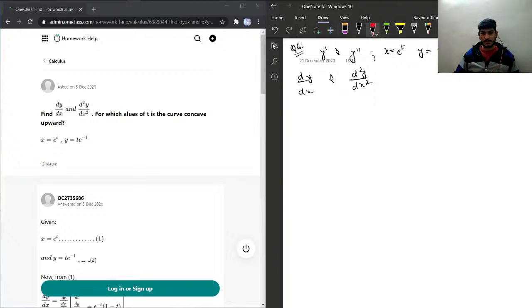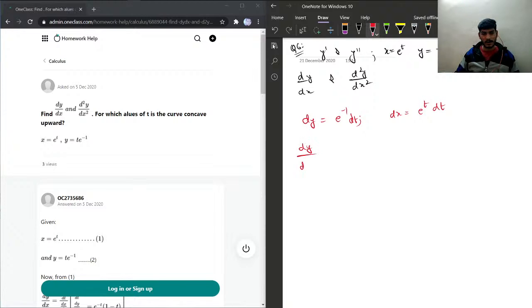So first I'll find dy. It will be, dy will be 1 e power minus 1, and my dx will be, this will be dt also, dx will be e power t dt.